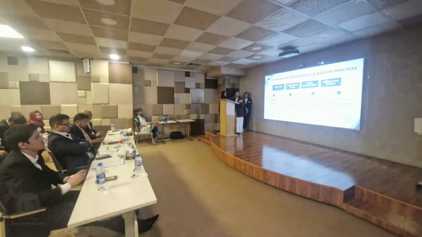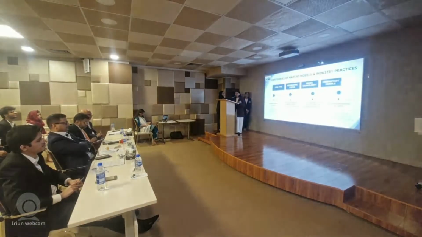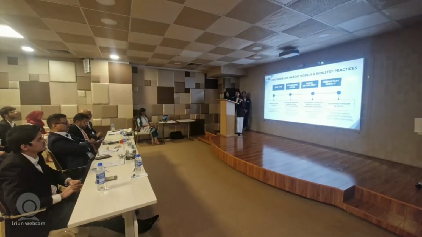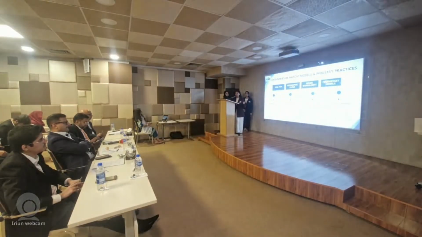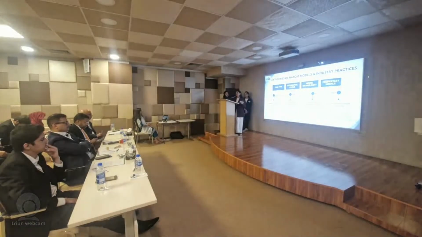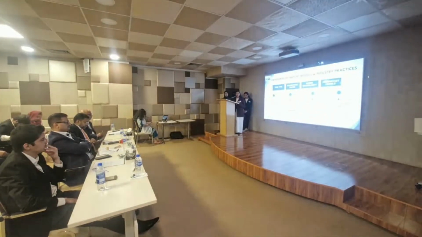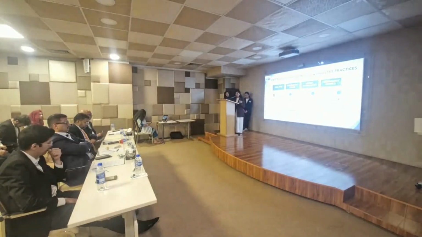Now let's dive into the categories of NatCat models and industry practices. We have specified a few. As we can see, we have peril type, which is tailored to a specific peril, or we can say catastrophe, that is, separate models for hurricanes, earthquakes, and floods. Next is geographic focus.